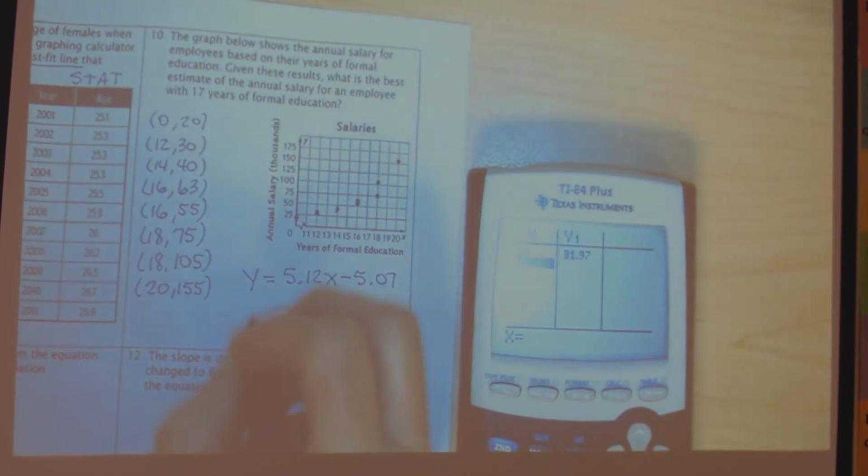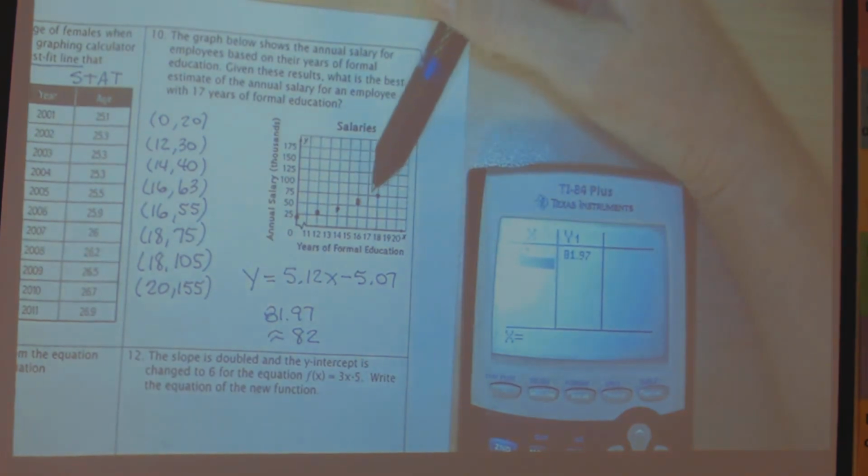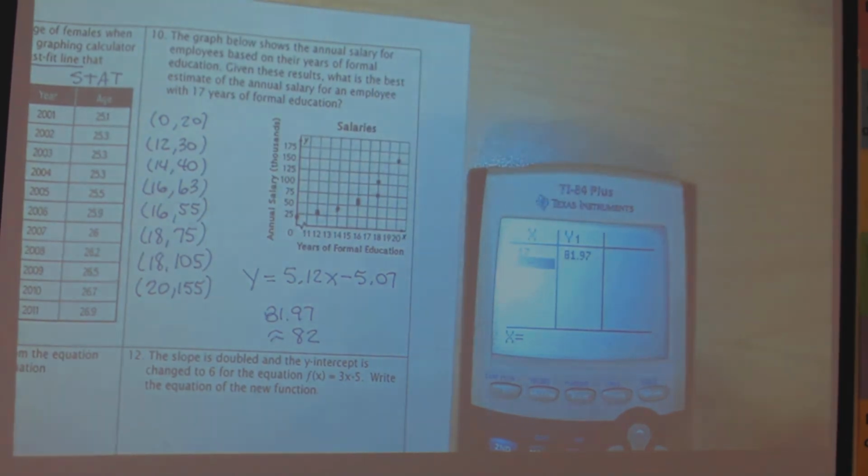Either way, I would get 81.97, so probably approximately $82,000, which puts it somewhere along in here, which is where we would expect it to be, somewhere between 75 and 100, because it looks like things are going up.